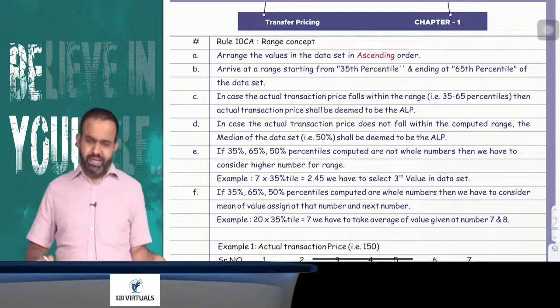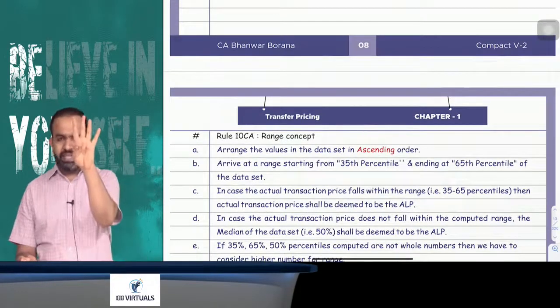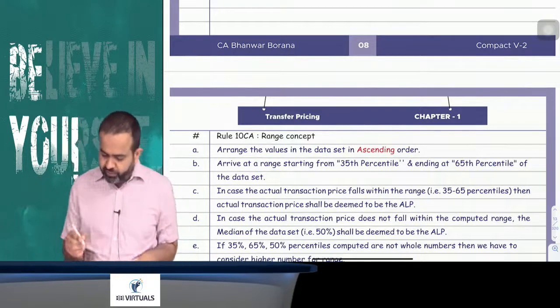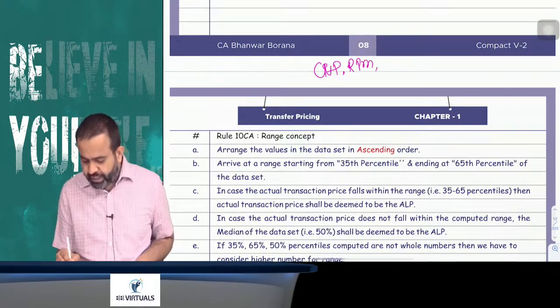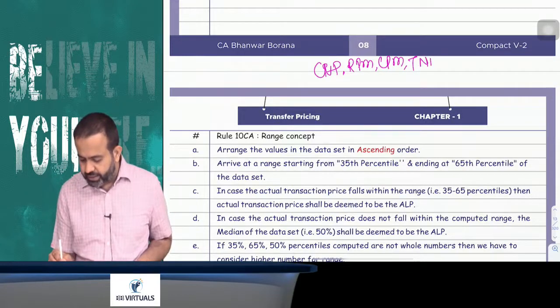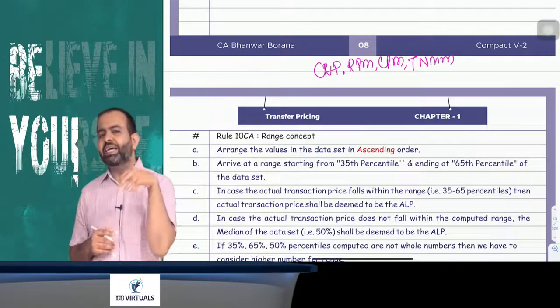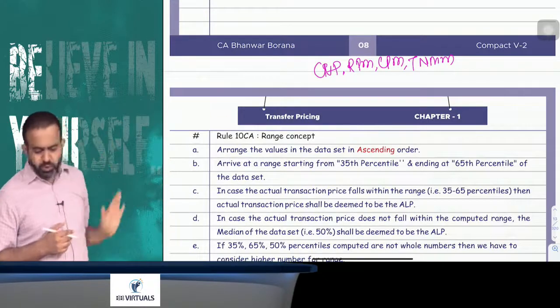This concept says that suppose in the four methods, which four methods? First is the CUP method, that is comparable uncontrolled price method, or resale price method, or cost plus method, or transactional net margin method. So in simple words, other than the profit split method.